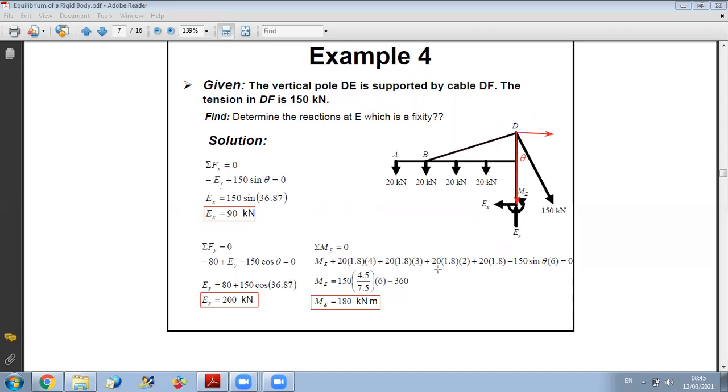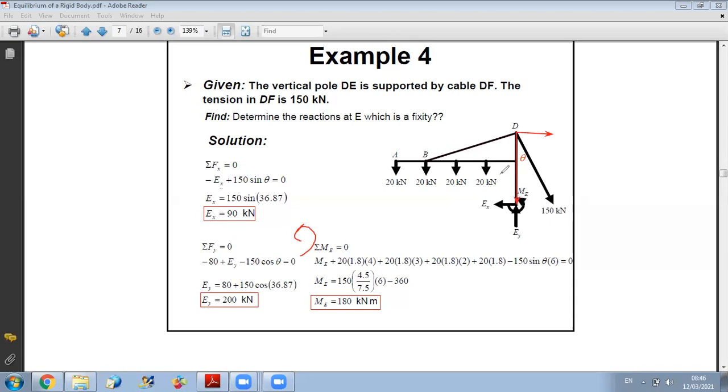So if we choose to do sum of moment about E, for example, also considering that the counterclockwise is positive, I have first a plus ME. For the 20 kilonewton forces, it's the same moment about E or D because the distance is the same.